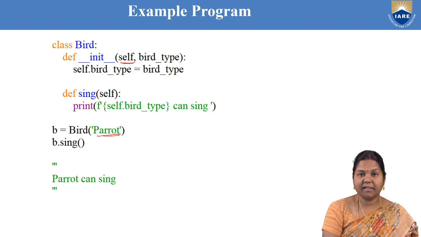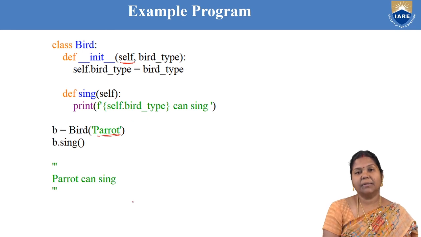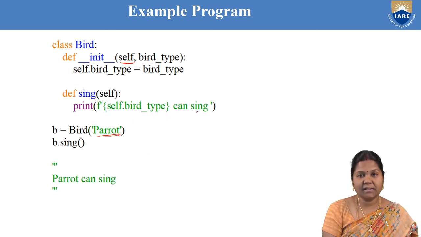There is a print statement that so and so bird can sing. The bird type which you passed is now bound with this instance method, so you can access the bird type and write the statement that this particular bird type can sing. What is the bird type here? Parrot is the bird type, so we'll get the output: parrot can sing.